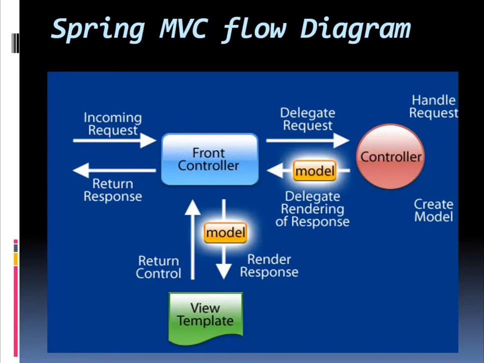That controller processes and executes the request, and then delegates rendering of the response, with the model, which means data, and the view, back to the front controller. The front controller then sends the model to the view template to render the view. Okay, again.